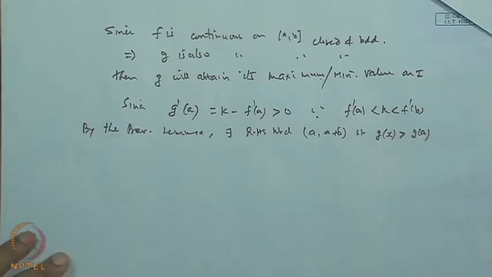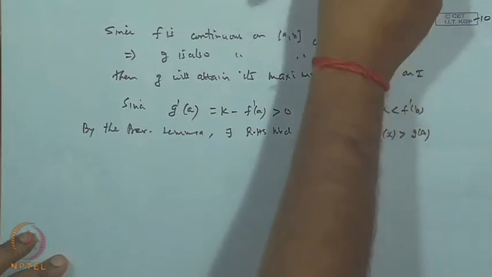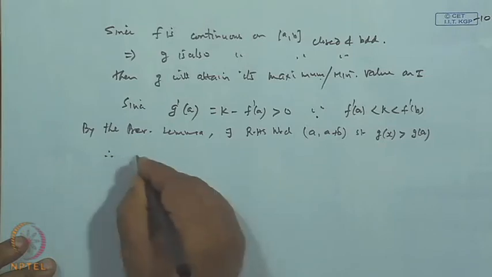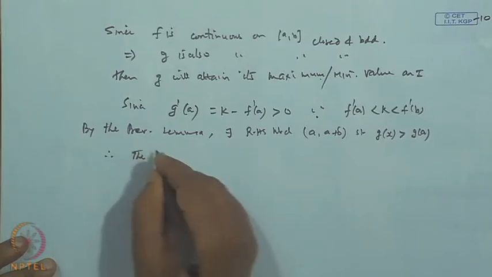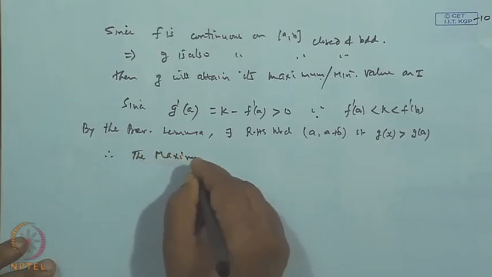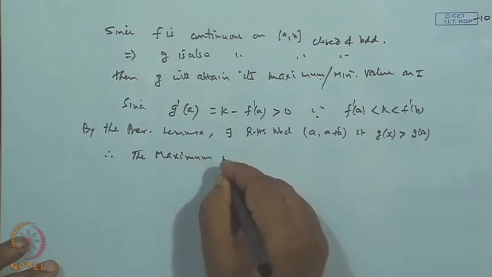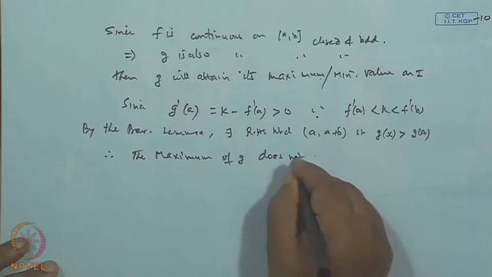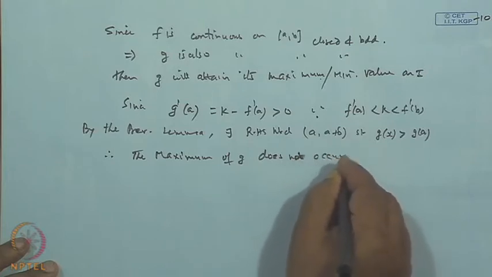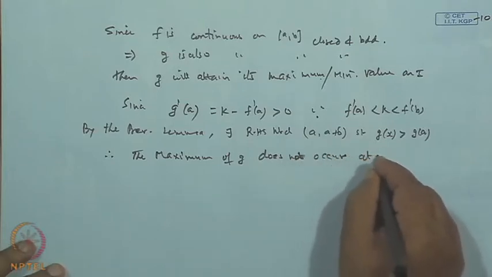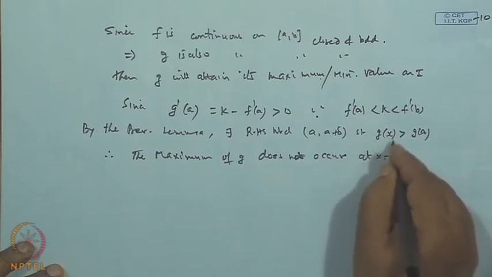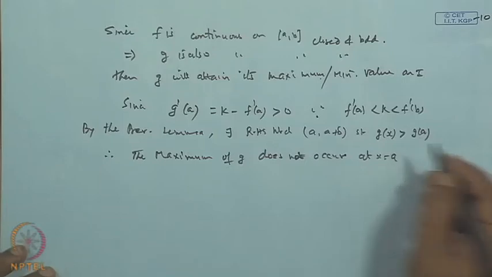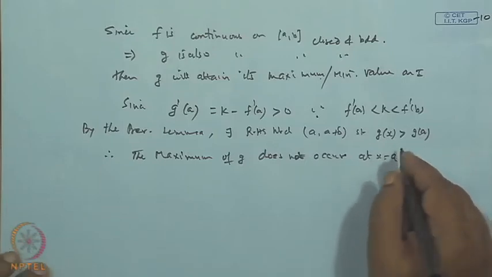Therefore, the function g cannot attain the maximum value at the point a. So, the maximum value of g does not occur at x equal to a, because if it were the maximum, g of x must be less than or equal to g of a, which is not true.